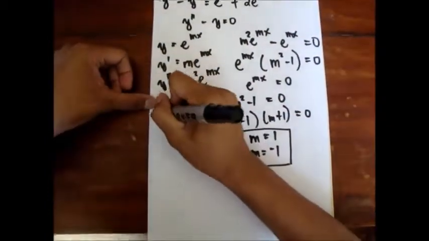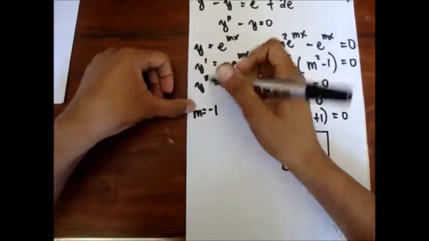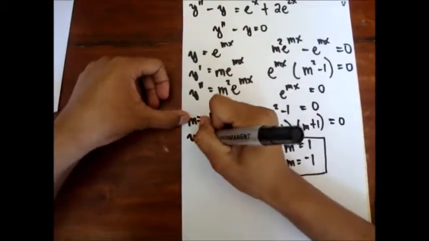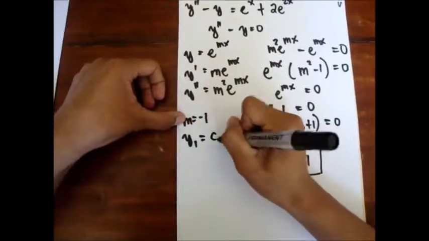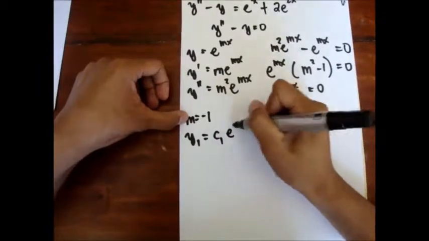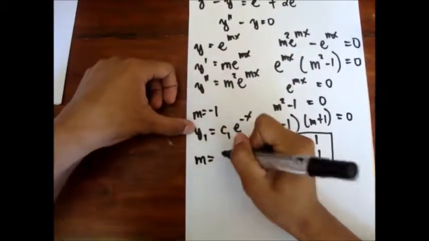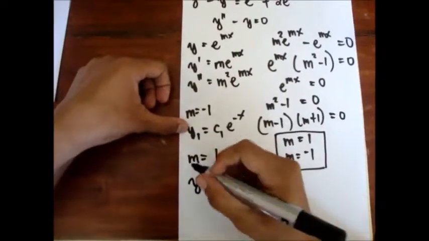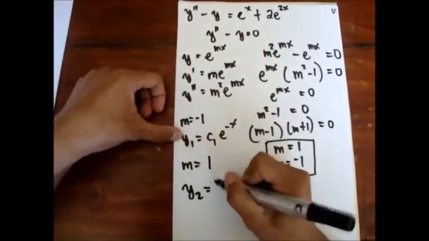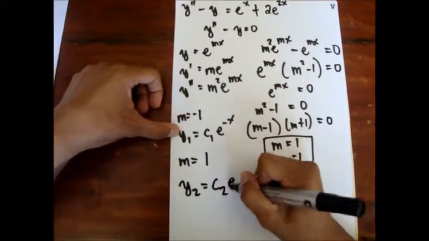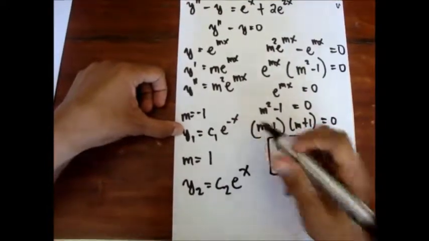So the root m equals negative 1 gives y1 equals c1 e raised to negative x. The root m equals 1 gives y2 equals c2 e raised to x.